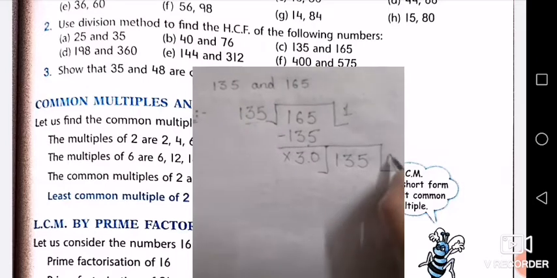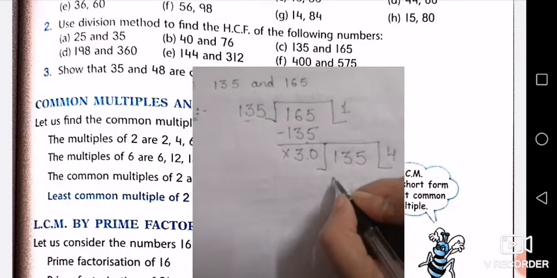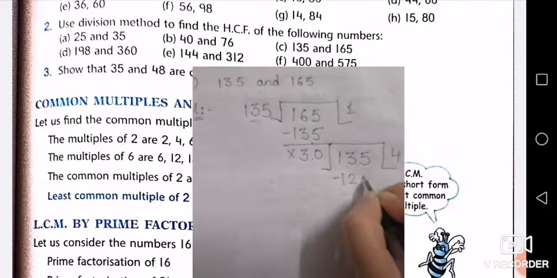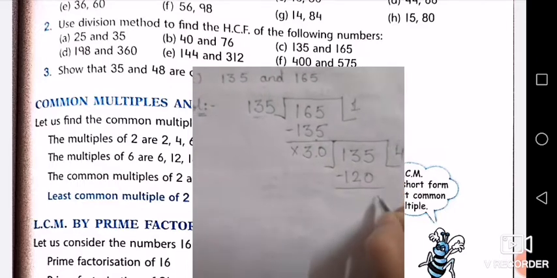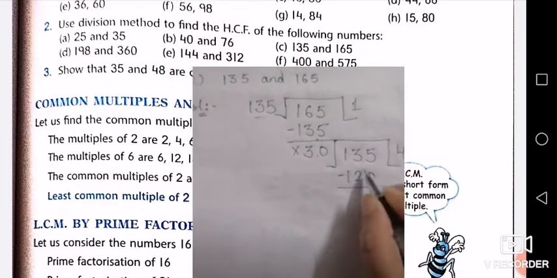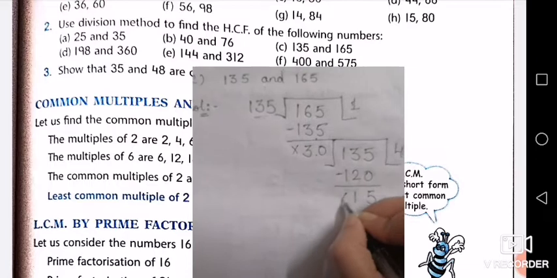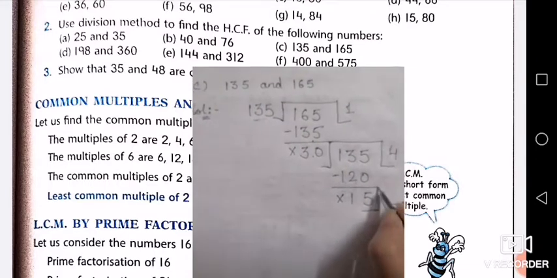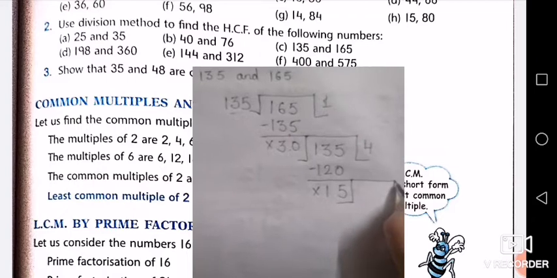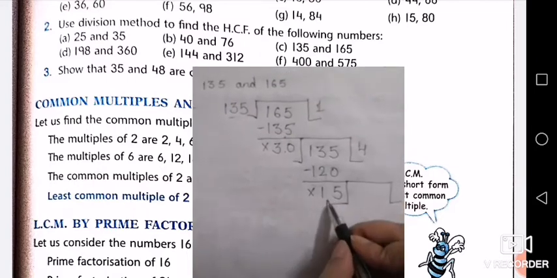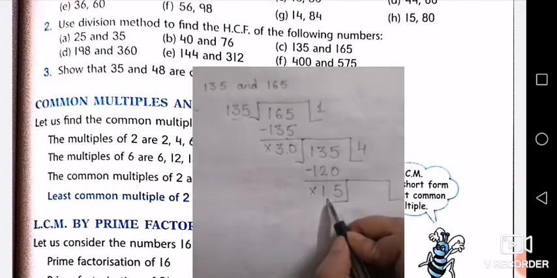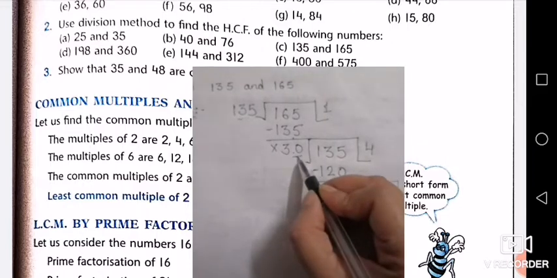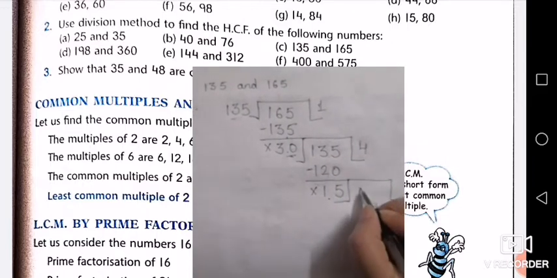Now it will go 4 times, 120. 15 is left, 135 minus 120. Now what is the next step? Yes, this remainder will become the divisor and this divisor will become your dividend.